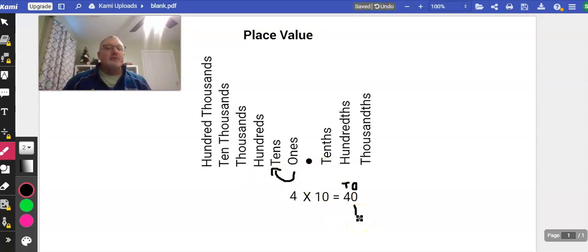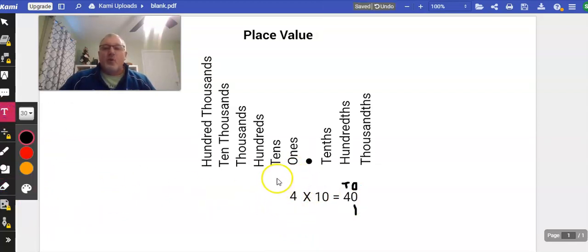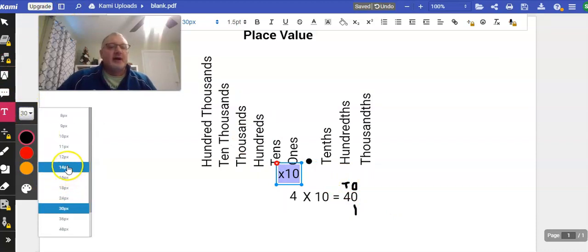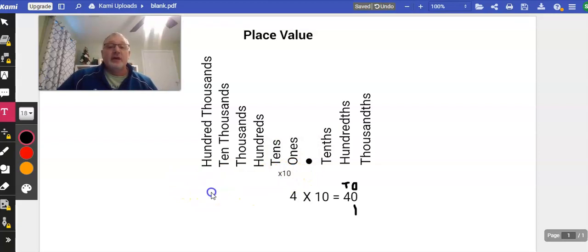And the Common Core wants students to understand how they can go from place to place to place, and what does it take to go from place to place. So if I'm moving, okay, from one place to the next, for instance, from the ones to the tens, right? I'm just going to multiply by 10, okay? And that's how I move, and I'm going to make this a little smaller so I can kind of demonstrate this a lot better for you. I'm multiplying by 10, okay?